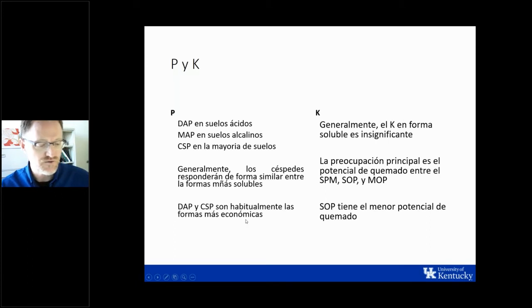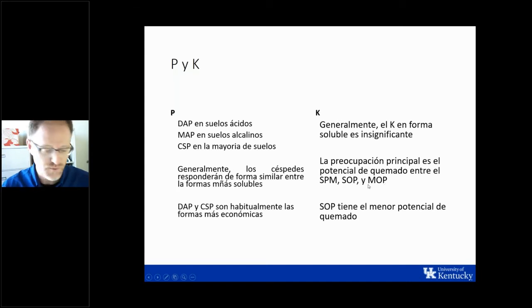So if you're using phosphorus, these are the 2 sources that I would consider using in terms of their maximum efficiency. With potassium, generally the form of soluble K is insignificant. However, that's the case whenever burn potential is not an issue. But burn potential is always an issue. So the primary concern with potassium is their burn potential and the differences between SOP, sulfate of potash, potassium magnesium sulfate, or muriate of potash.